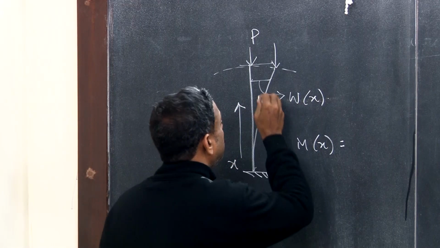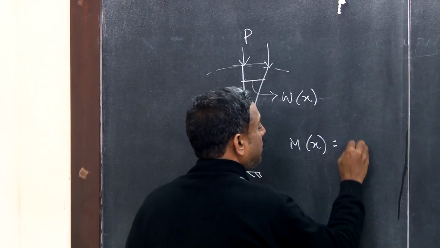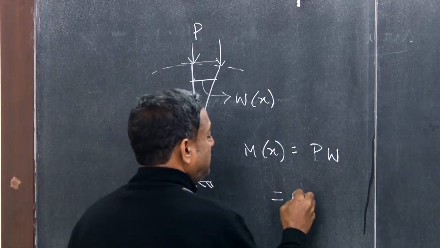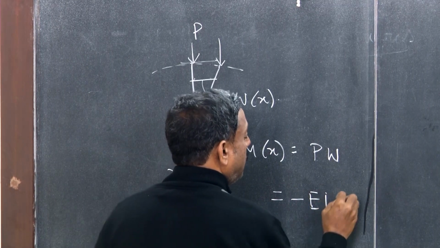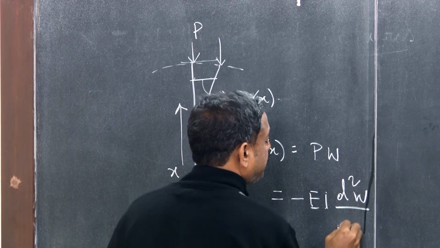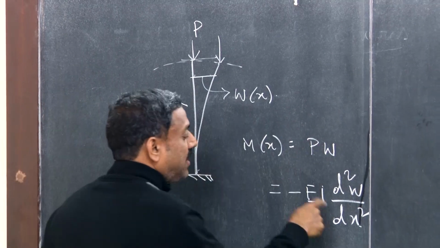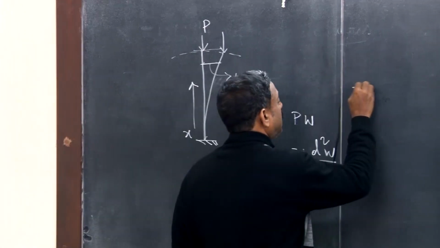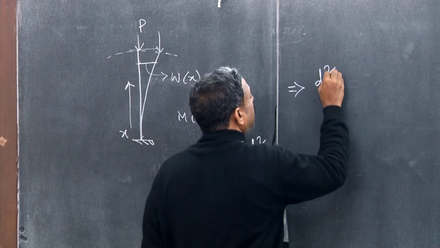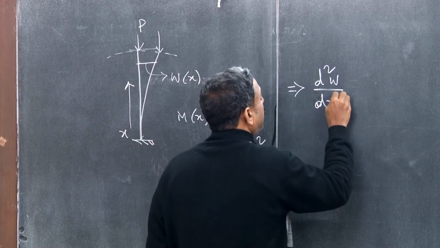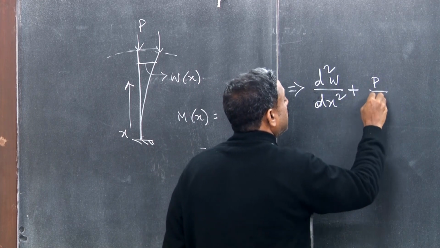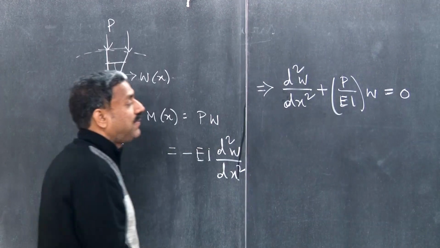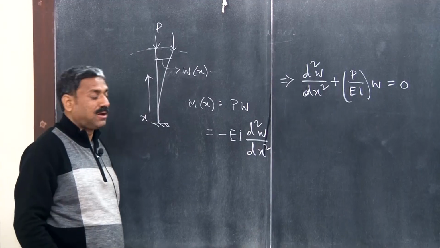So, if this is w, then M is P into w, and M is nothing but minus EI d2w/dx2. So, there we got the column buckling. Now you get an equation which is d2w/dx2 plus P by EI w is equal to 0, and that's what you solved to get the Euler critical load.